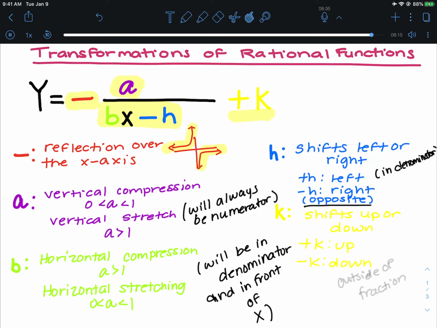Remember, always do the opposite. And then k is just going to be outside of the fraction. Okay, and so that's what these transformations would look like. So I'm going to leave it at that for today, and we will continue with this tomorrow.